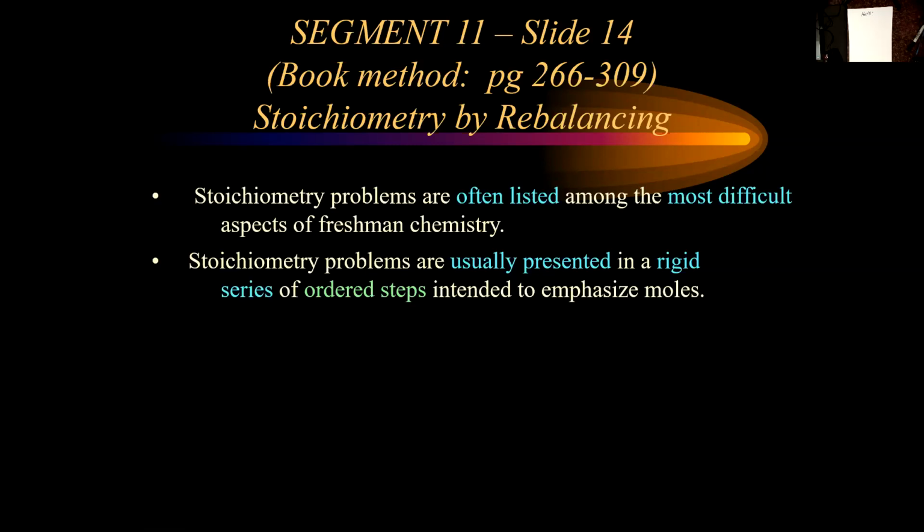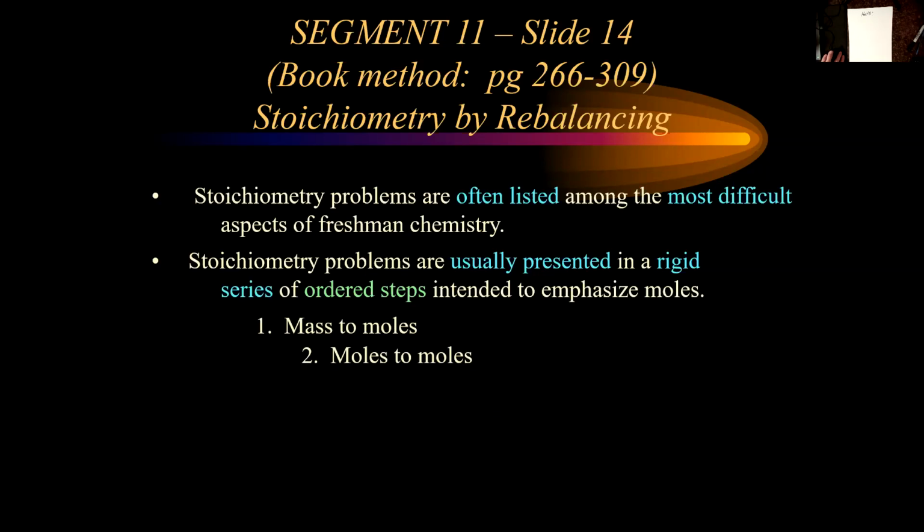I think obsession is a good word for the way chemistry professors and high school teachers view moles. They want to make everything go through moles, and it doesn't have to. It is correct, but the steps they always tell you to do are: take the mass that's given and convert it to moles.